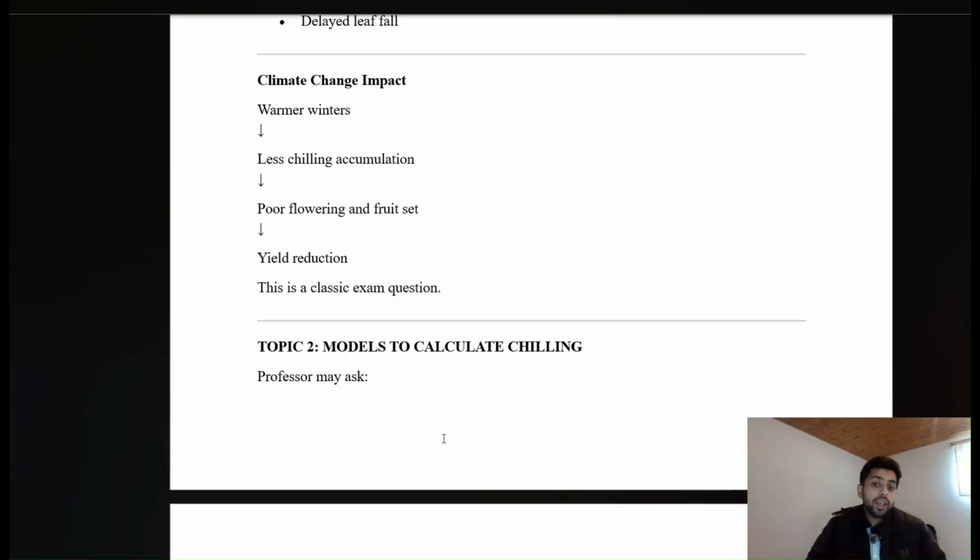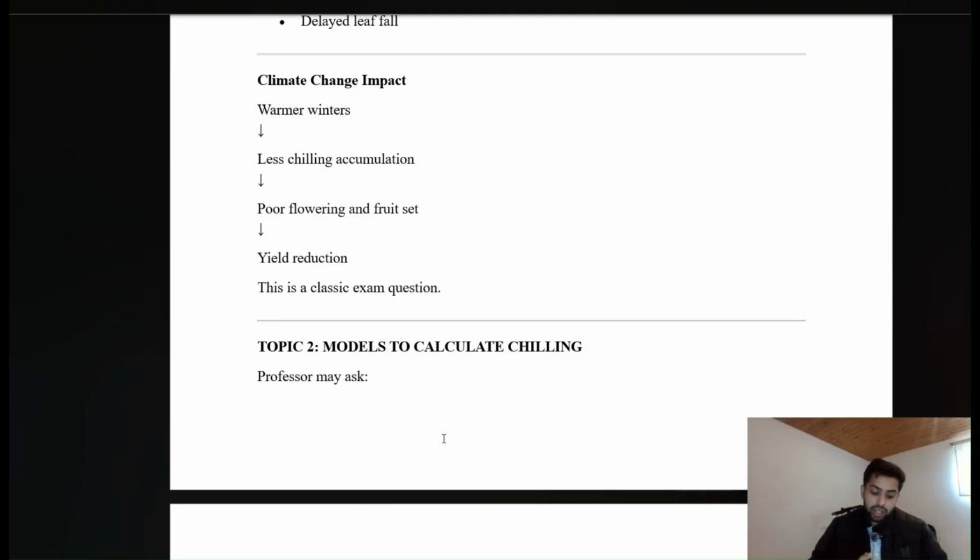Less chilling accumulation, which causes poor flowering and fruit set, and that causes yield reduction. This is a classic exam question which can be asked. Warmer winters will cause less chilling accumulation, which will cause poor flowering and fruit set, and yield will be reduced.